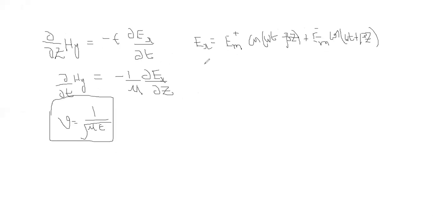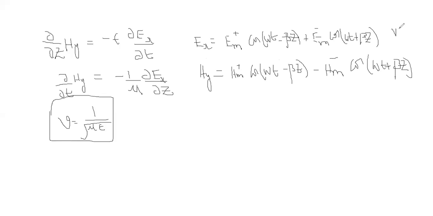In the same fashion, E is in the x direction and H is in the y direction. So Hy is equal to, having two terms, Hm plus cos(omega t minus beta z) minus Hm minus cos(omega t plus beta z).